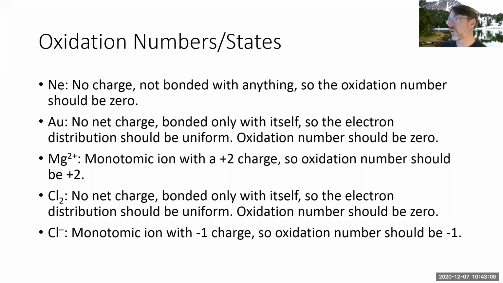The idea here is that if you have an ion, and that ion is only a single atom, then the oxidation number equals that charge. If you have something that is neutral and it is a single substance, so that the electron density is shared equally, then it should be 0.